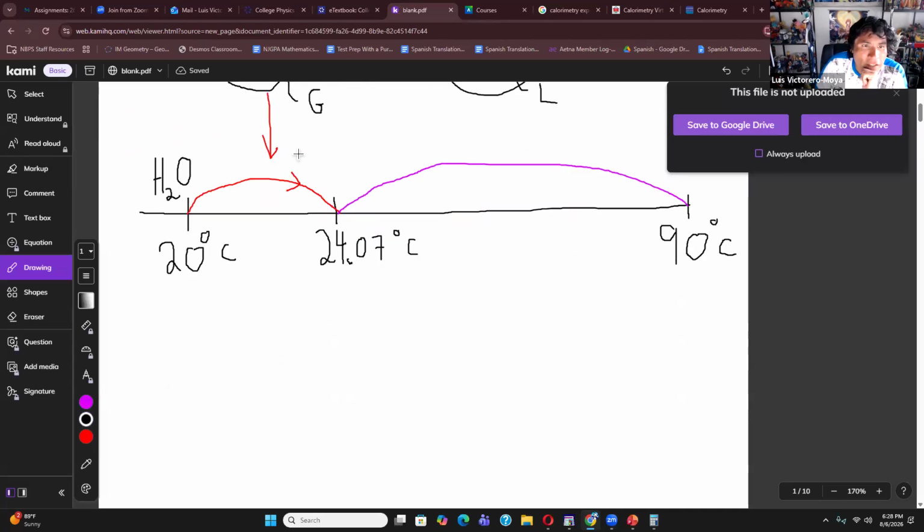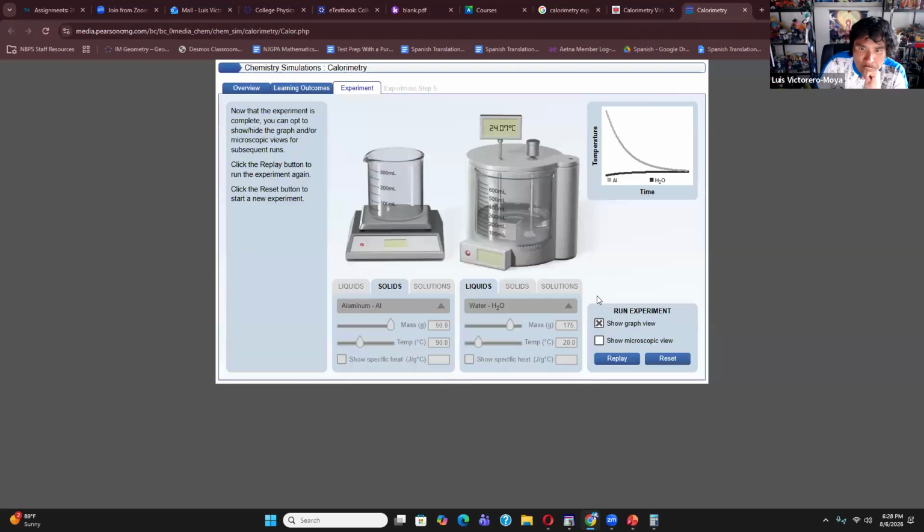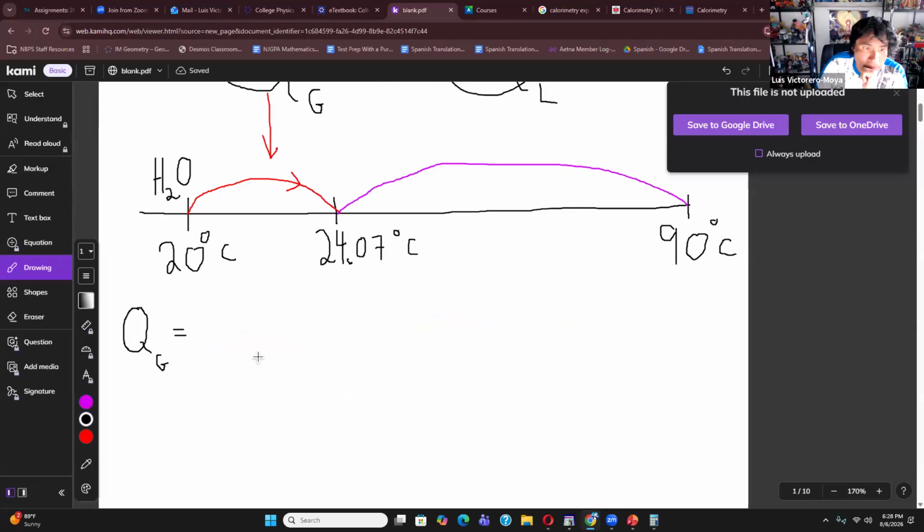So then what's Q gain for water? Q gain is the mass of water, 175 grams. I'm going to use joules, so 0.175 kilograms, times the specific heat capacity of water, times the change in temperature, this minus that.